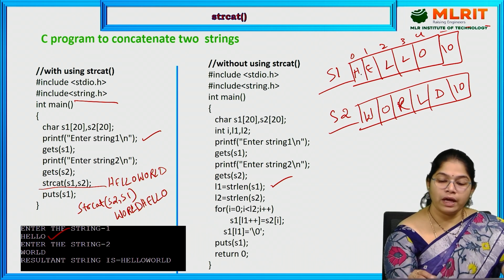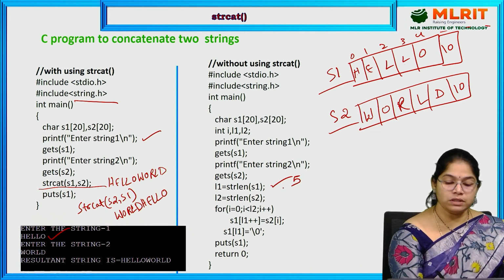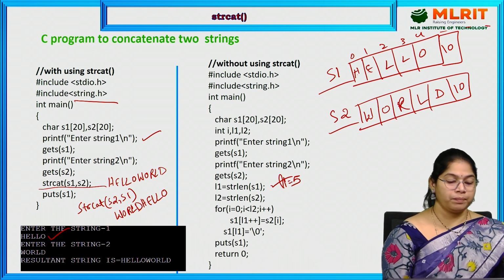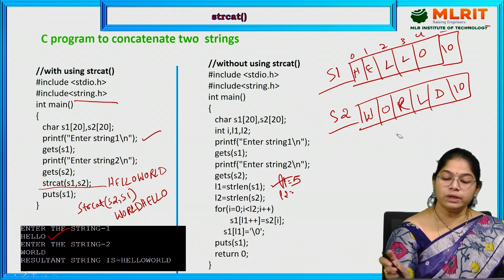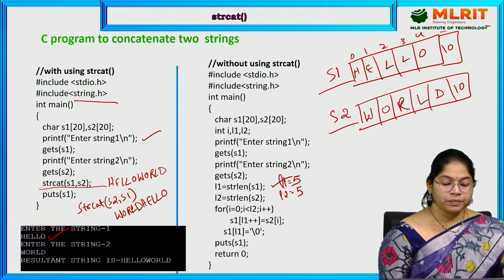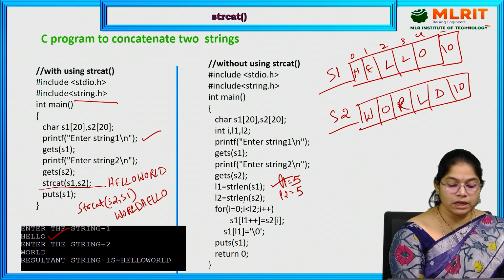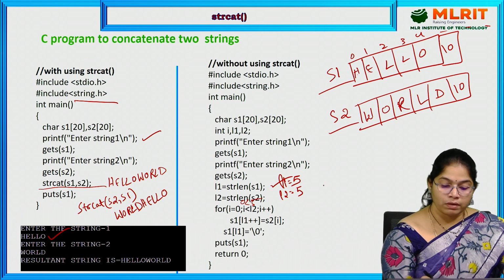Here we have 1, 2, 3, 4, 5, so L1 is equal to 5. Then L2, excluding the null, is also 5. Then I consider the logic as i equal to 0, i less than L2. L2 is 5, the condition is true.